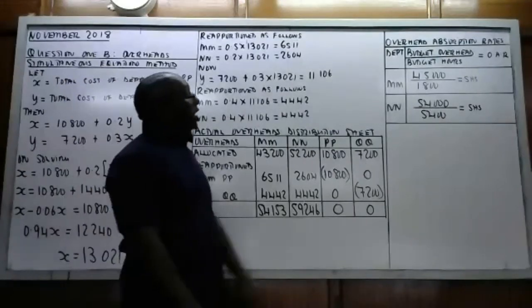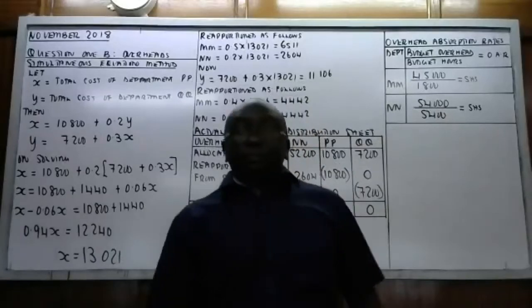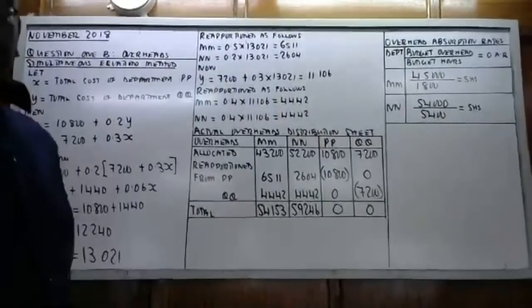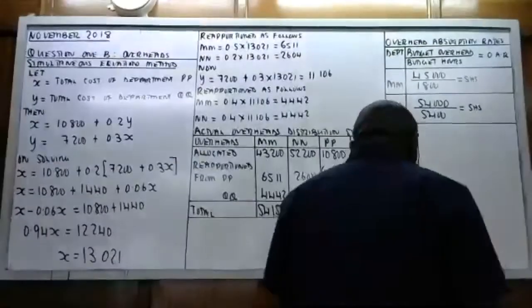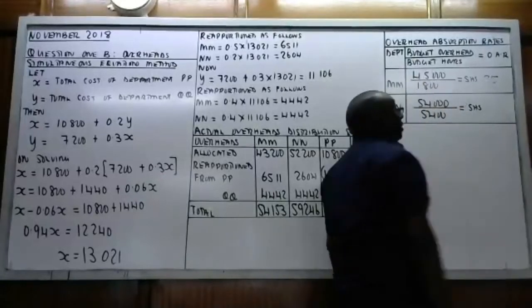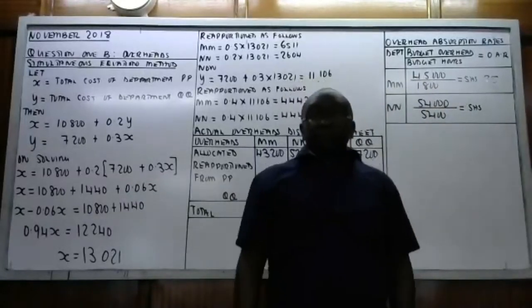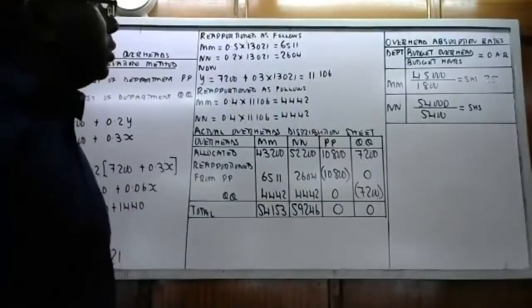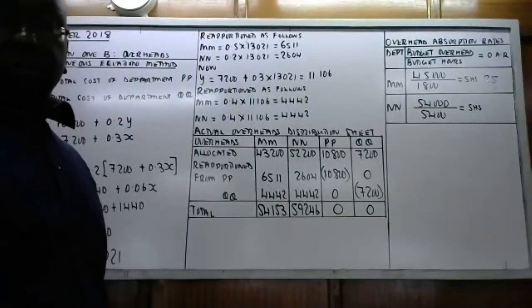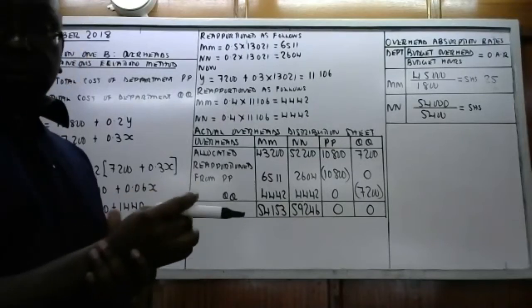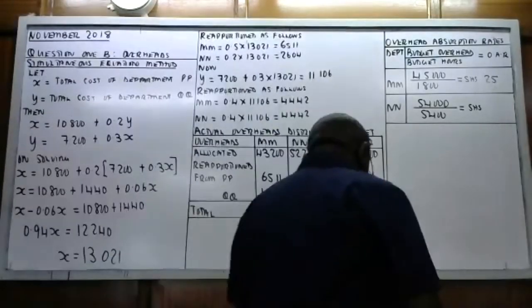Let me see what I get together. Oh, good. MM, 25. Na huyu mwingine. The next one, 10. Good. 10.